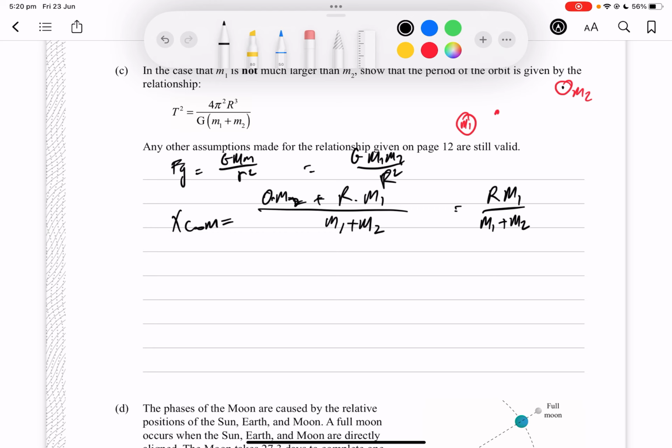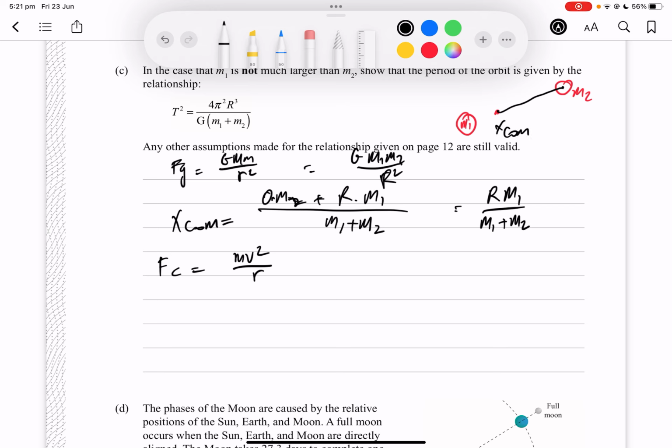So basically, Fc is equal to m v squared over r. However, this r here is actually this distance here. So this distance is the circular motion that m2 is actually orbiting around. So m2 does not orbit around m1 in this case. If that is the case, we're assuming m1 is much bigger than m2, so we're going back to the equation we saw in part B. However, in this case, the center of mass is not a negligible distance away from m1, so rather m2 is orbiting around this X_COM here.